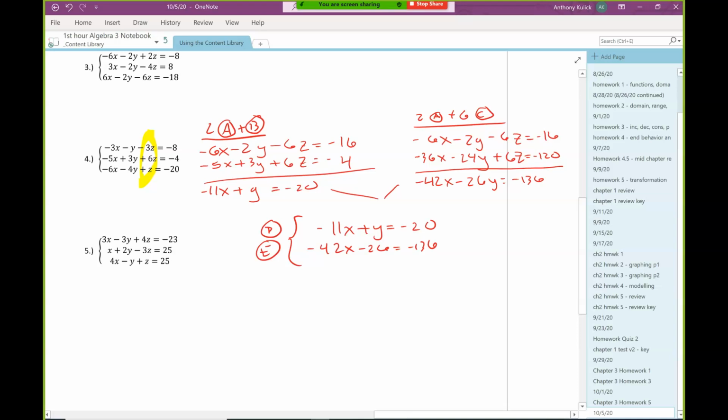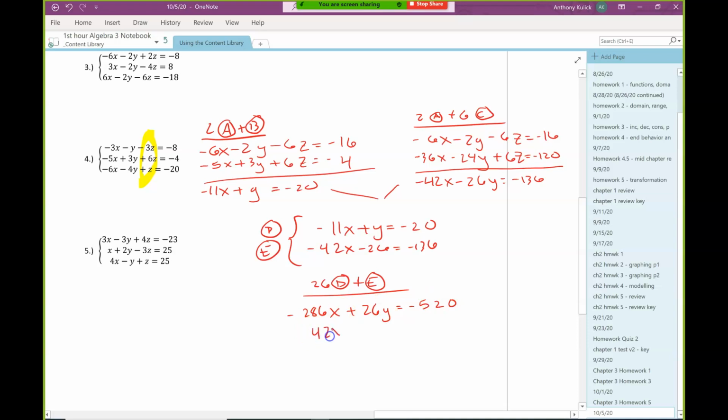So for the sake of argument, let's cancel the y's because it seems like that's going to be the easiest to do here. So to do that, I'm going to do 26 times d plus e. 11 times 26, that's 260 plus 20, 286x plus 26y equals negative 520.